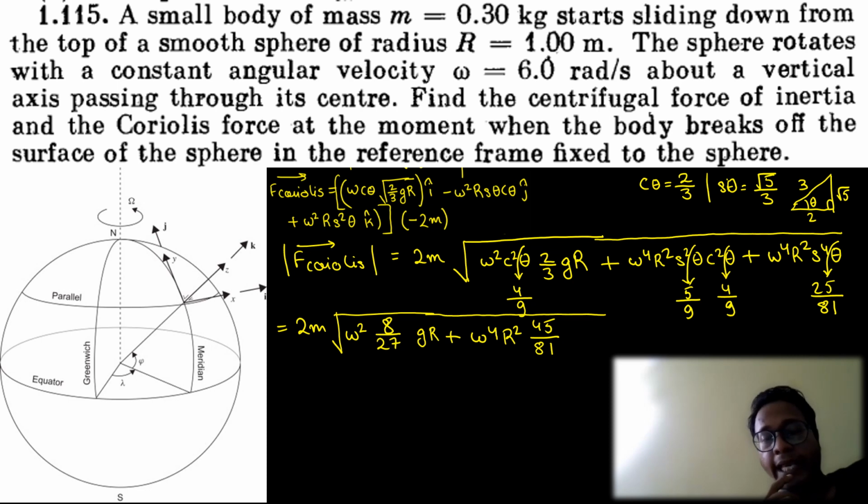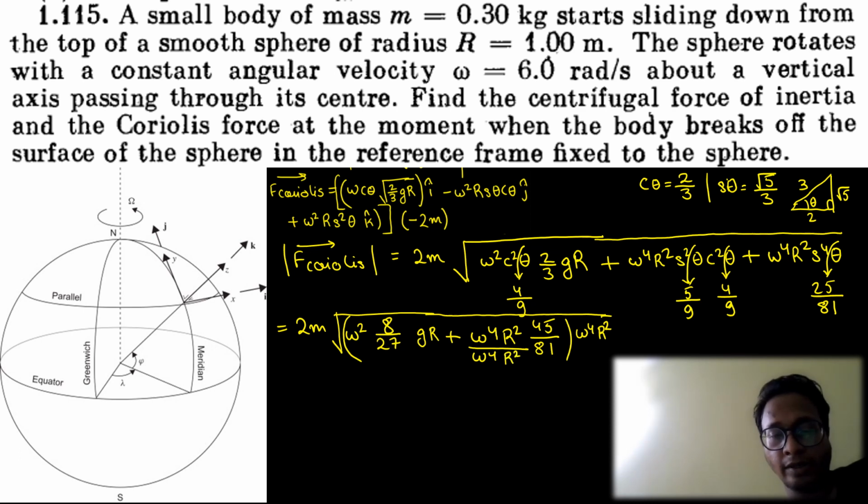Okay, now what would we do? Can we take omega 4 r square common? I'm taking omega 4 r square common, so divide both the terms by omega 4 r square.